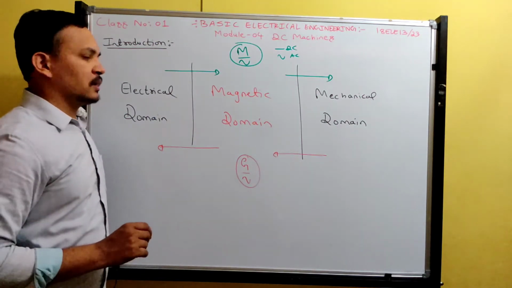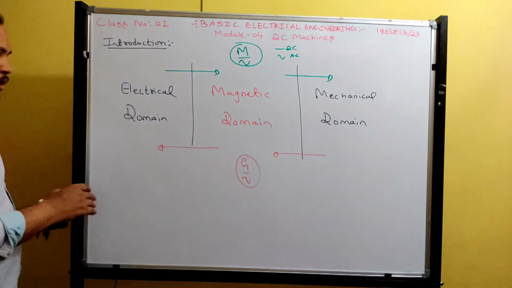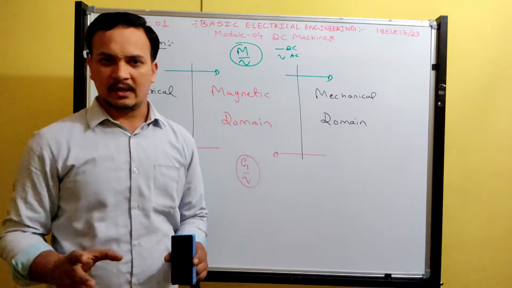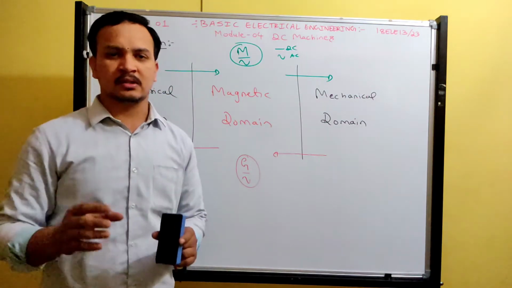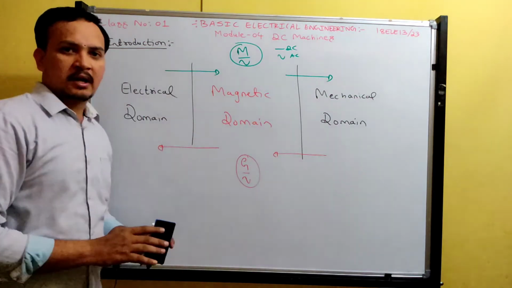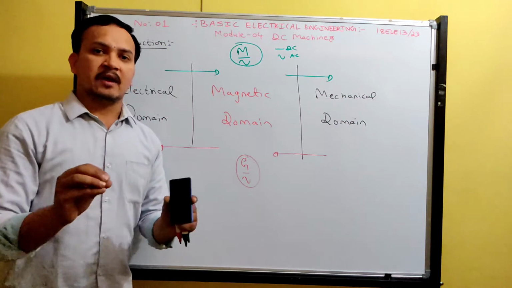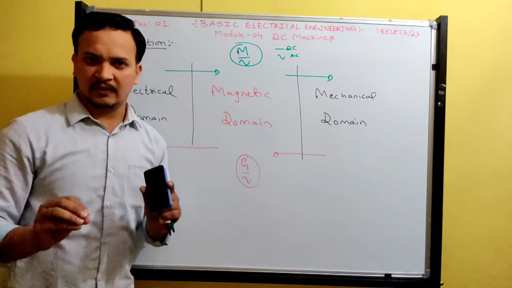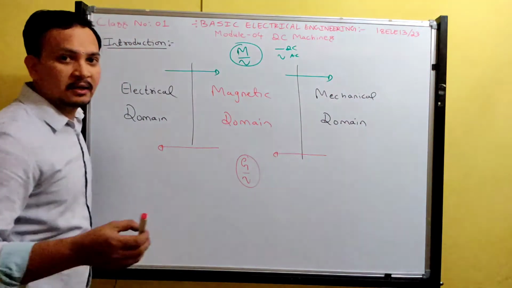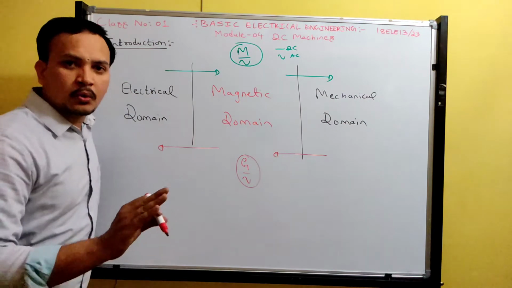So we can discuss all this in detail. All electrical machines, static devices and rotating devices, static machines or rotating machines, all work on this electromagnetic induction. However, the working principle of each and every machine differs slightly. Let's consider a transformer. In a transformer, there is no rotating part.